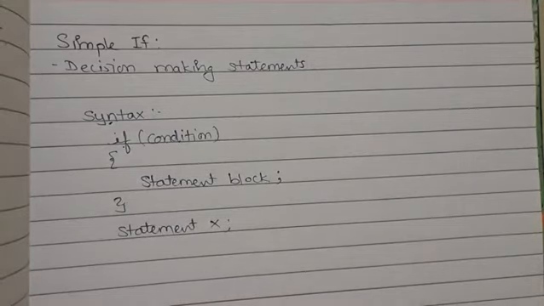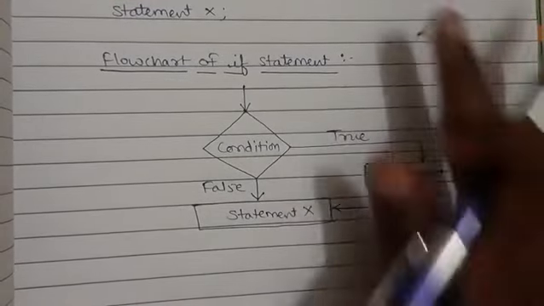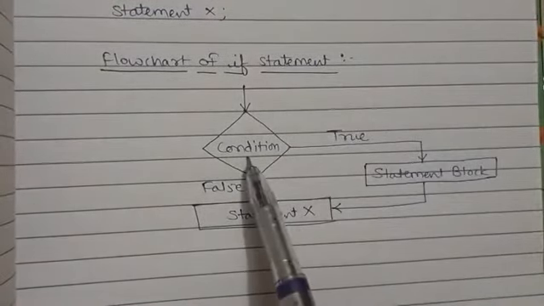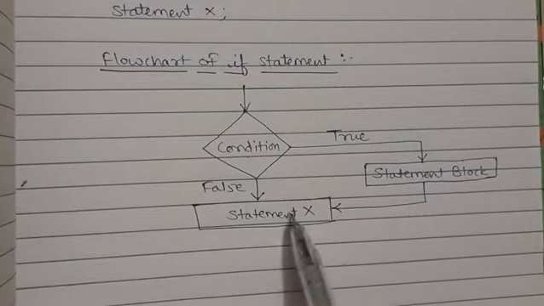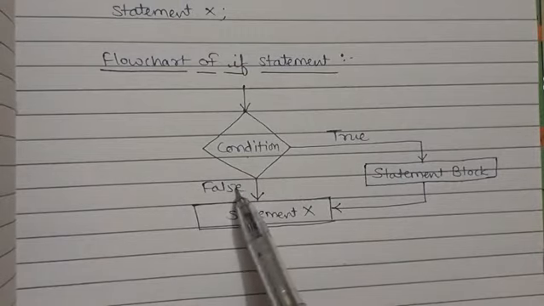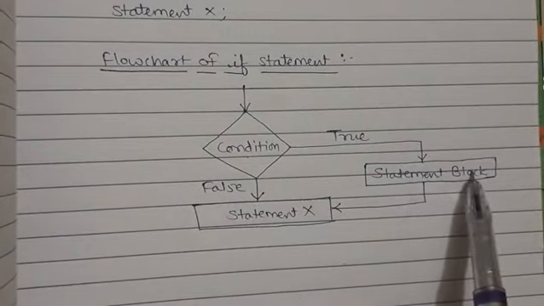We have a condition, and if it is true, we execute the statement block and then statement X. If the condition is false, the statement block is not executed; it directly goes to statement X. So the same thing we saw in the syntax, we have seen in the flowchart.